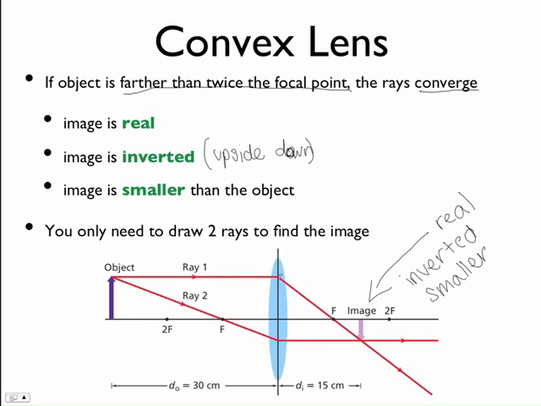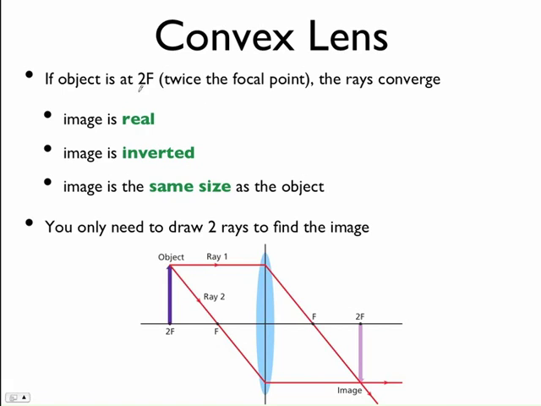It goes horizontal till you hit the lens, and then it will go straight through the focal point. And then you'll have another one that'll go straight through the focal point and then go horizontal. And where those two meet is your image. And you just draw your image like this. But we'll do some ray diagrams. Okay, and this is if the object is farther than twice the focal point.